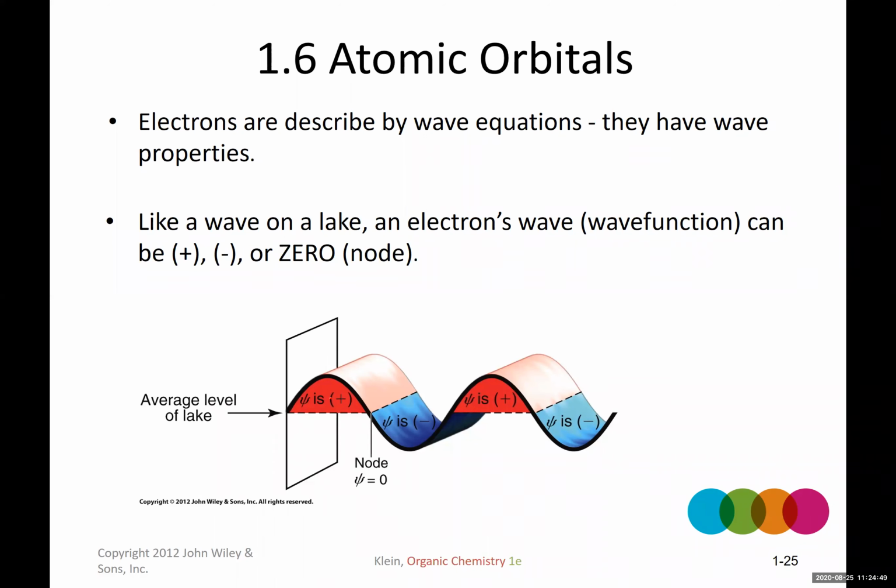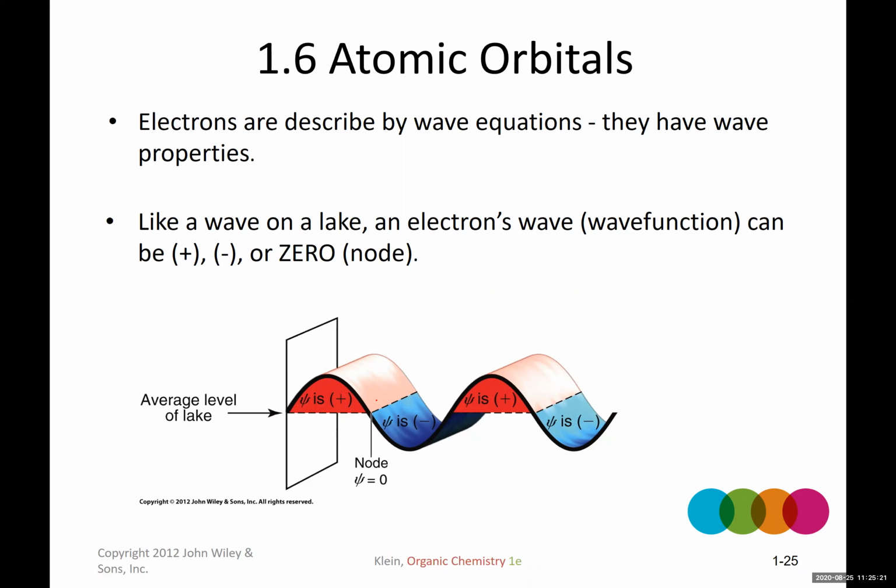That's said to have a positive amplitude, and it's denoted by the color red. Then there's part of the wave that's below the surface, and that's said to have a negative amplitude. Here it's coded in blue, right? And the part of the wave that doesn't move, that's on the surface, is said to be a node, okay?